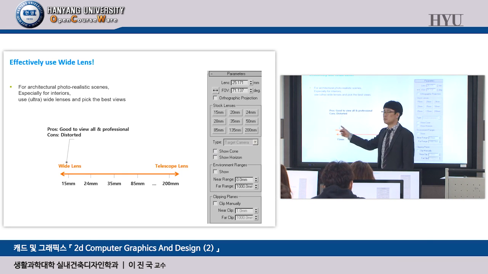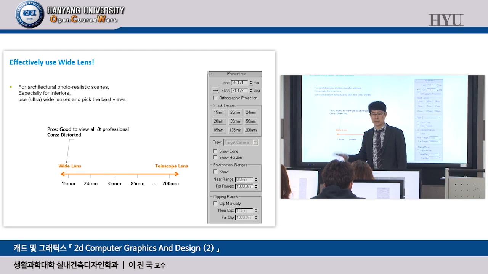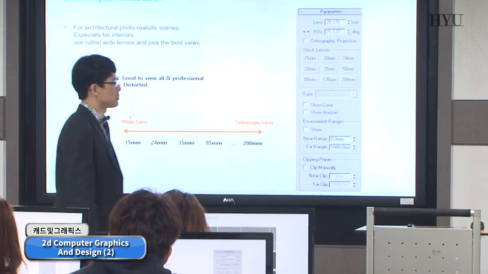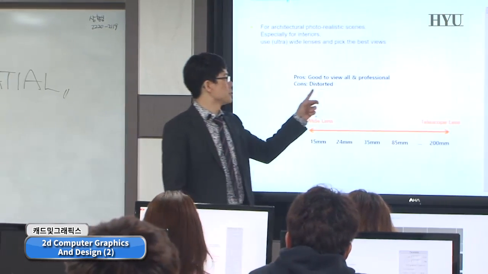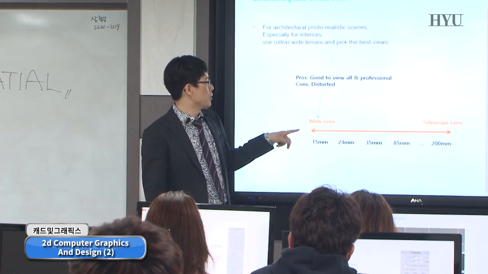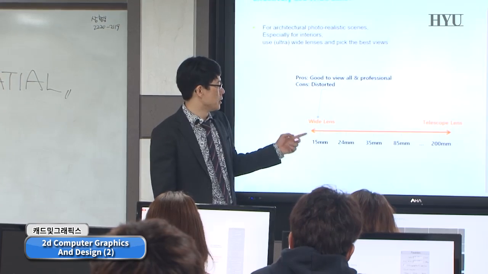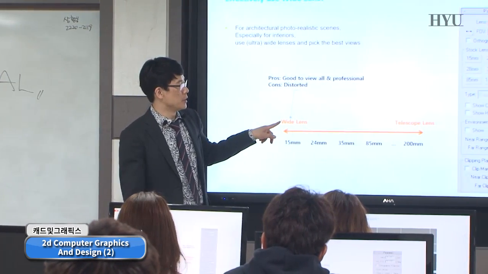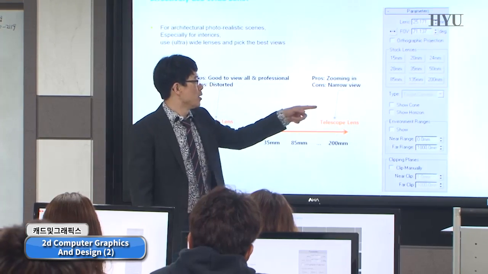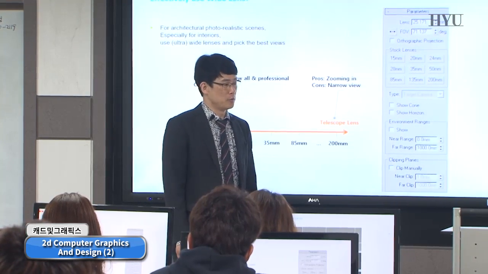That's the pros of wide lens. But the cons: distorted, okay, exaggerated. Something goes wrong sometimes because of wide lens, ultra wide lens usually. But how about telescope lens? We can zoom in, but it's very narrow.